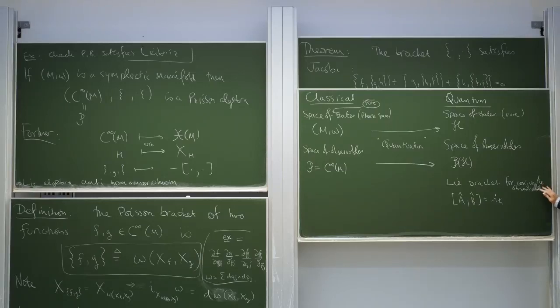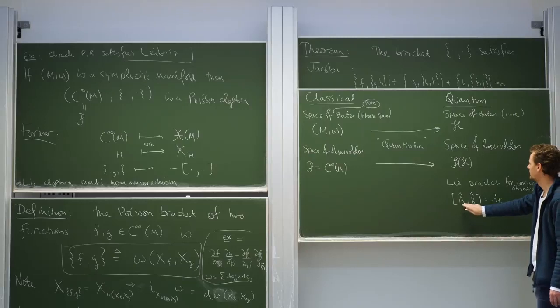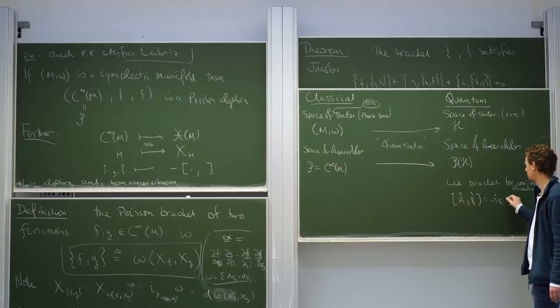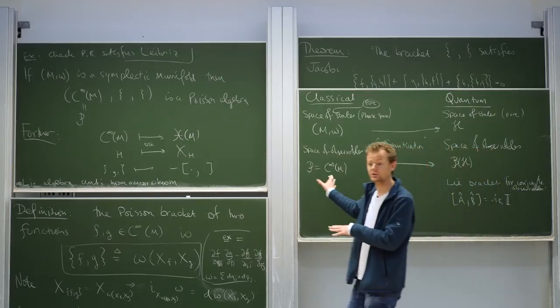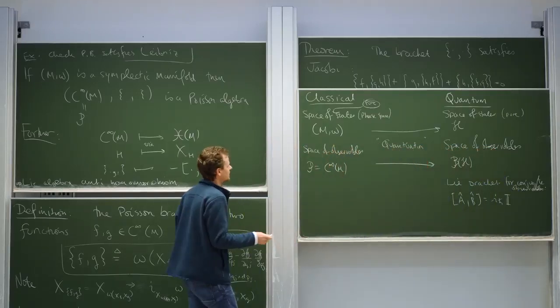There's a Lie bracket for conjugate observables in quantum mechanics, and that should be A commutator B is minus i h bar. And you can talk about conjugate observables on the classical side as well.